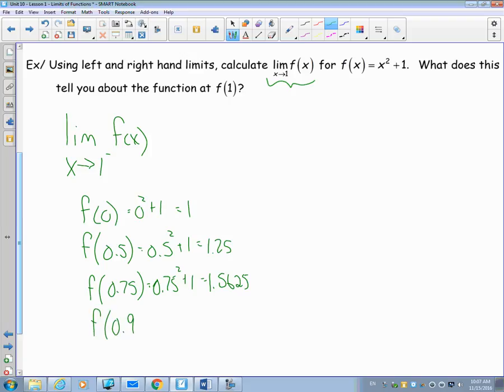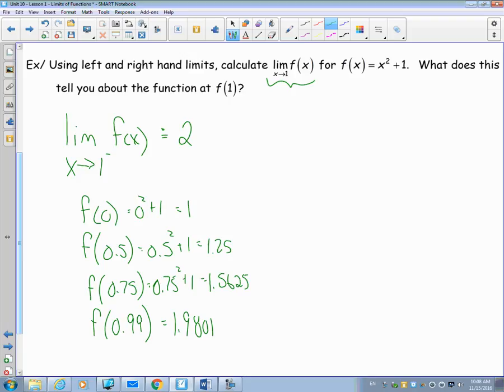Let's get really close to 1: 0.99. If we square and add 1, we end up with 1.9801. So as I get closer and closer to 1 from the left-hand side, my function value is getting closer and closer to 2. And we're going to say approximately. That's what the little dot above the equal sign means, approximately.